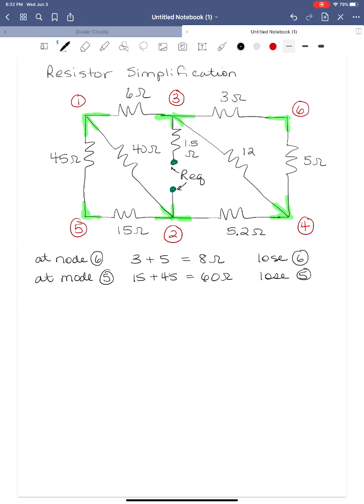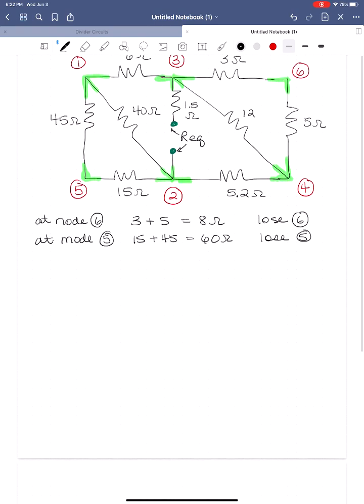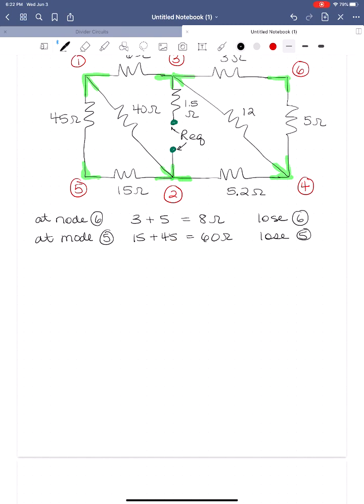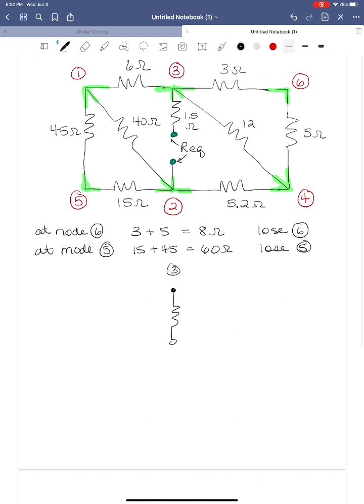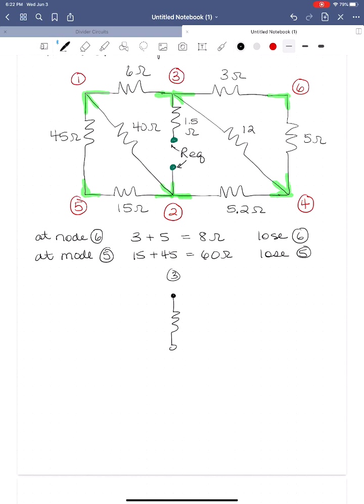So what I want to do is start by dealing with the parts of the circuit that I didn't change. So I'm going to start here in the middle with node 3. So here's node 3, and I'm going to come down here and draw this part down. So I still have the 6 ohm resistor up here.